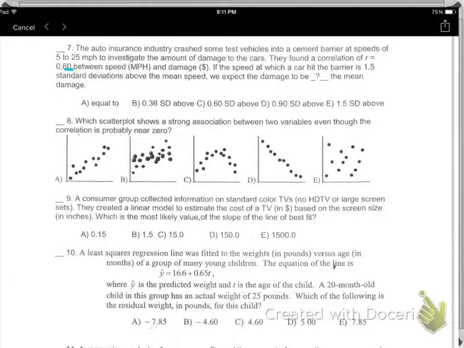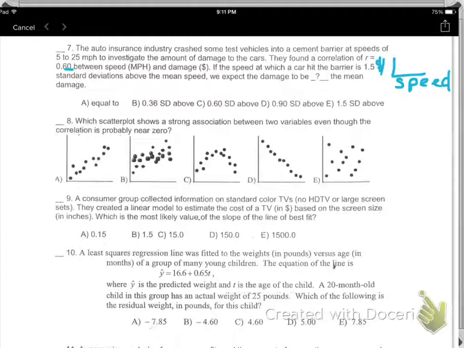Okay, so let's see, what is speed? Is speed x or speed y? The researchers crashed cars at speed z. They found a correlation between speed and damage. Okay, so hopefully you agree with me that speed is the x. Right, depending on how fast you go, it depends on the damage.